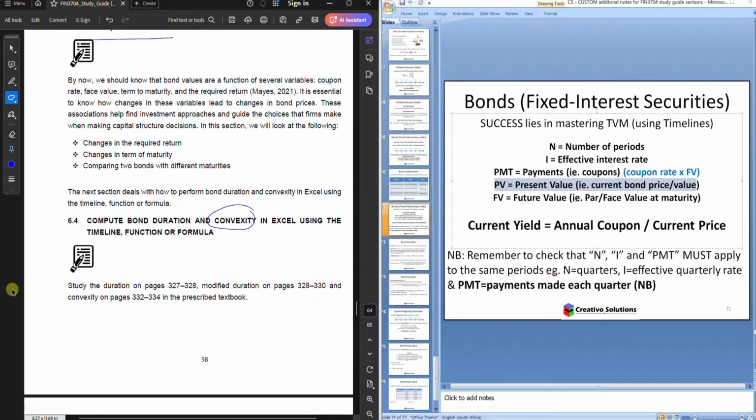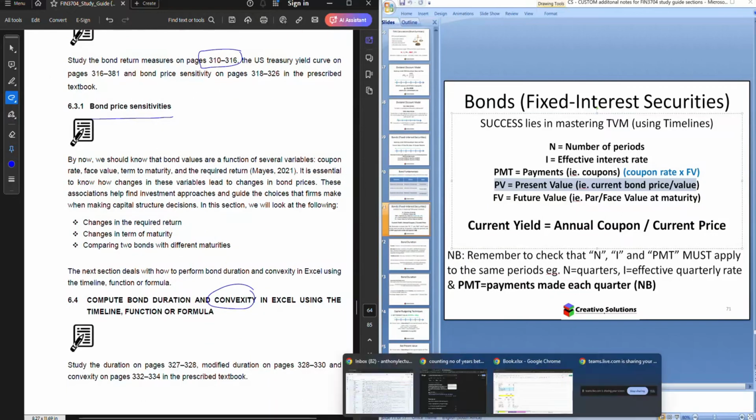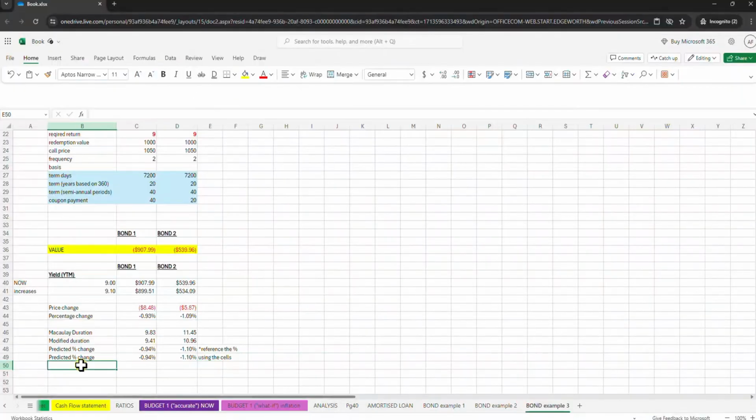So we need to calculate convexity. Let's do it. Convexity. Approximate convexity. And predicted change.